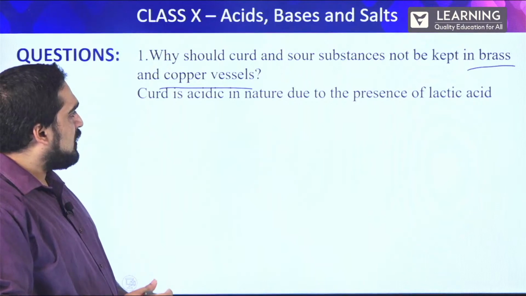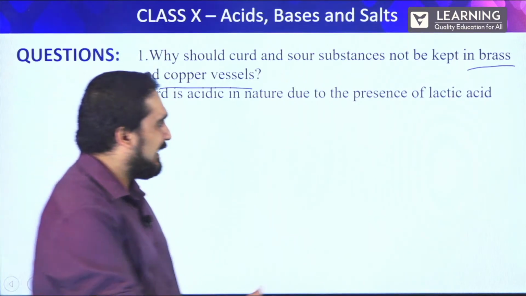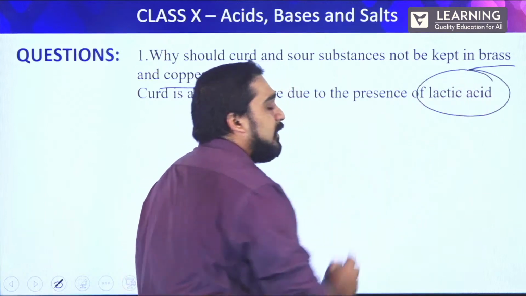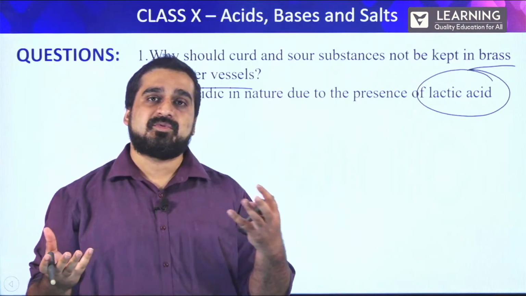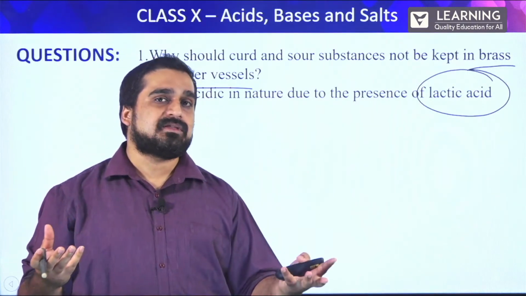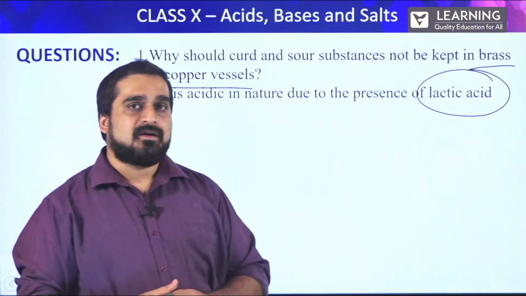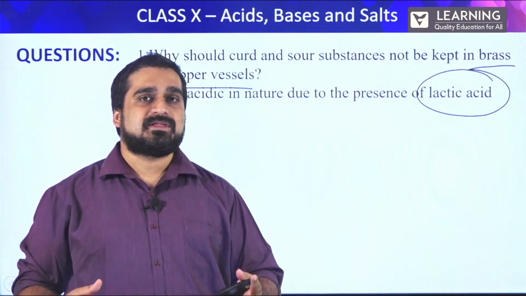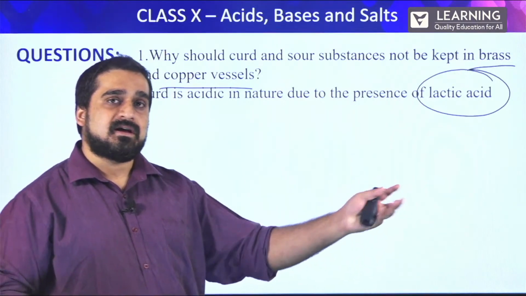First of all, curd is acidic in nature due to the presence of lactic acid. Now in the discussion, what did we do? When a metal reacts with an acid, what do you get? Can you recollect? A salt plus hydrogen gas.